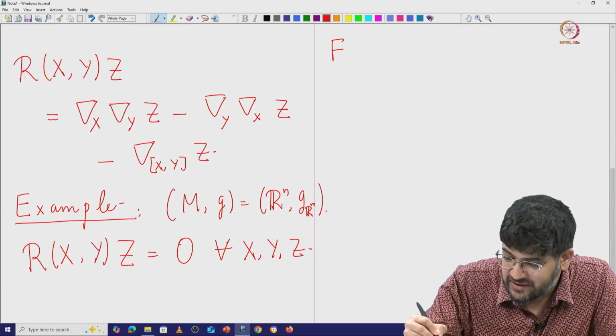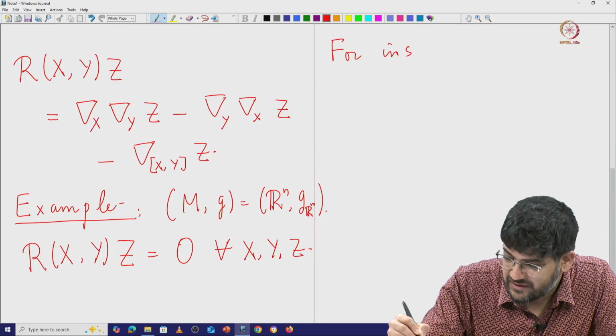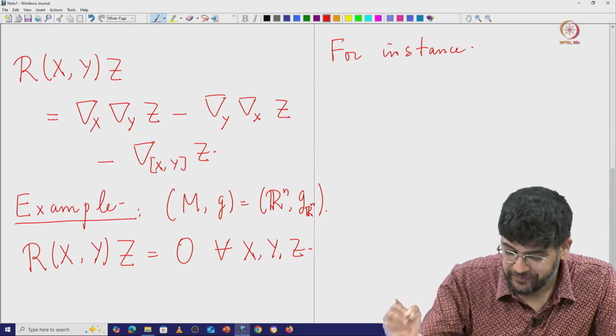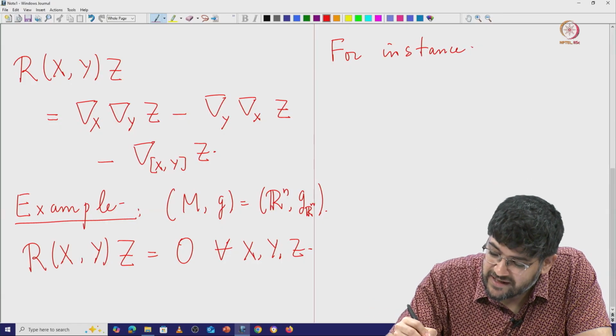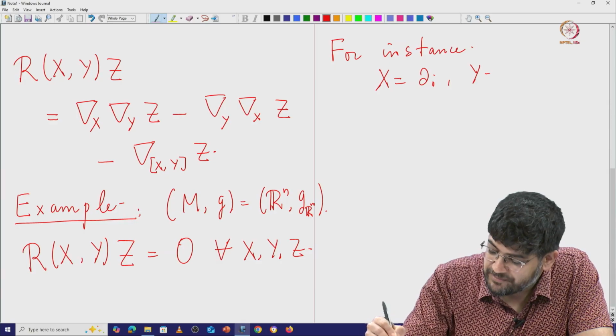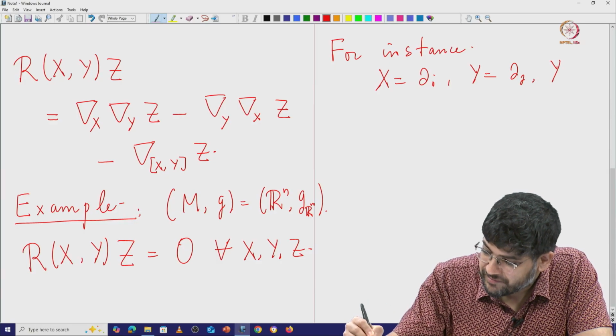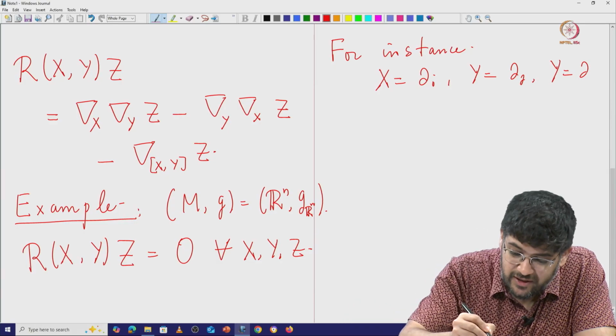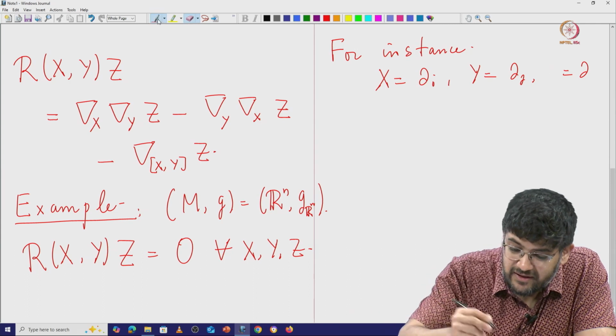For instance, one can take the standard basis vectors, because we are working on Rn.